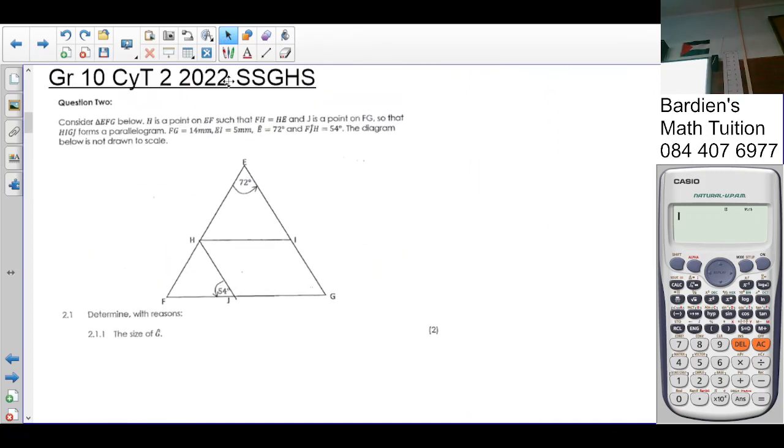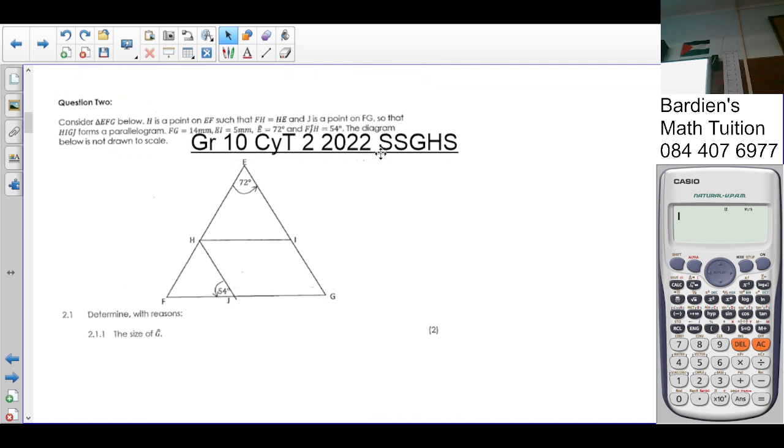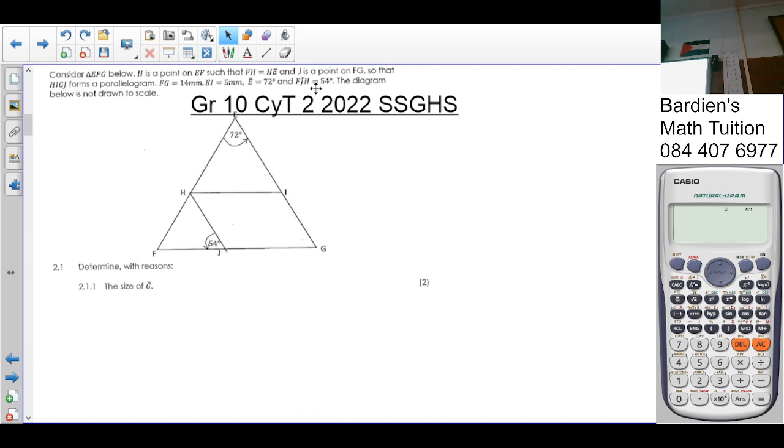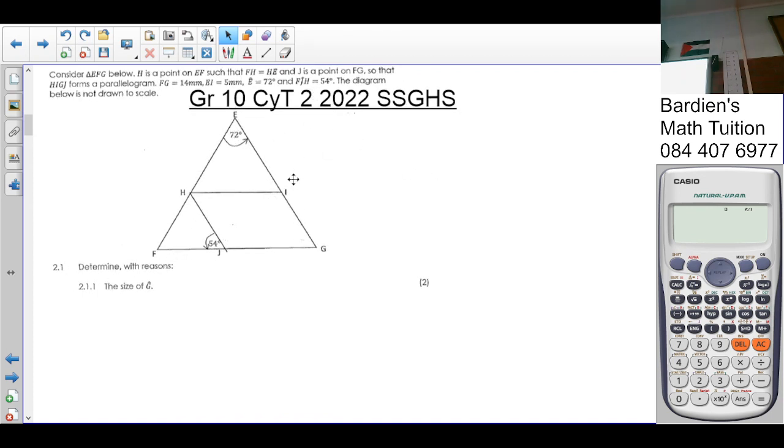In question 2, we are told to consider triangle EFG. H is the point on EF such that FH is equal to HE.